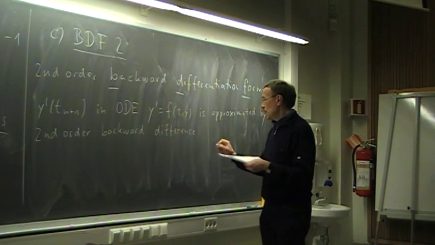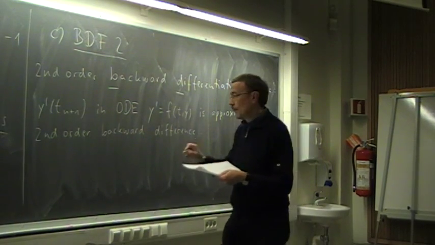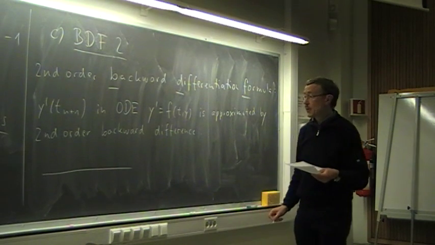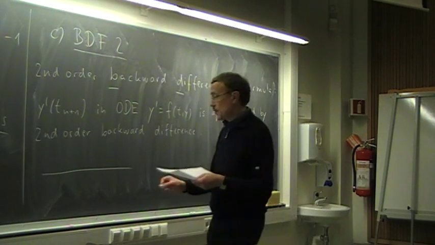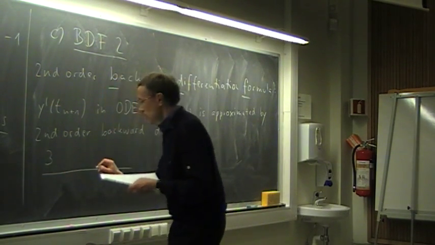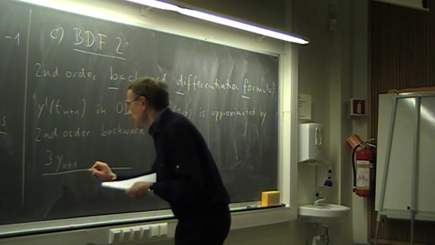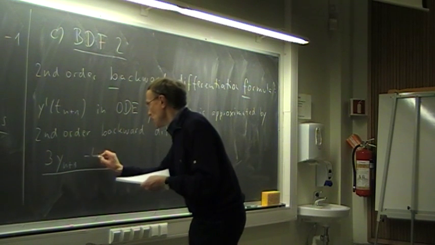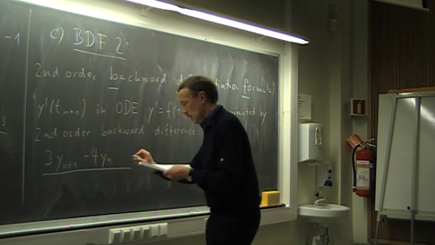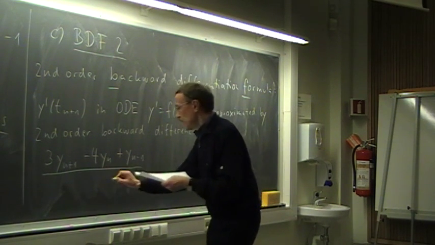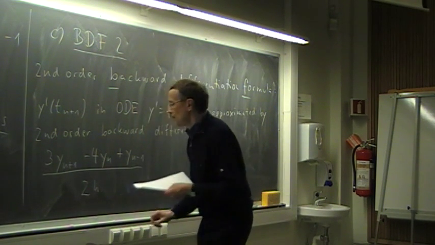And that is the following, that you can also derive by Taylor expansion to show that this is really a second order approximation. And it is 3 times yn plus 1 minus 4 times yn plus yn minus 1 divided by 2h.